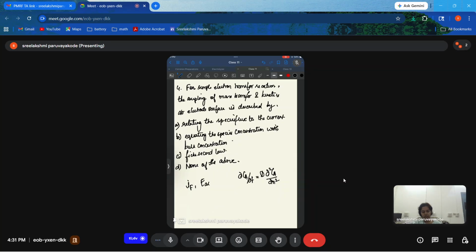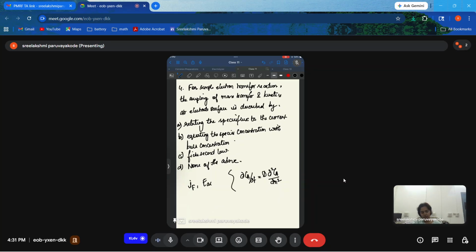At any surface, this flux, the second law of diffusion, applies when it depends on time. But otherwise, the concentration gradient, D into dCA by dx, depends upon the rate of forward minus rate of backward direction, which we can express as i_F by nF. So here you are relating current with the species flux, or the change in concentration of the species, that is the concentration gradient. So this corresponds to option A, relating the species flux to current.